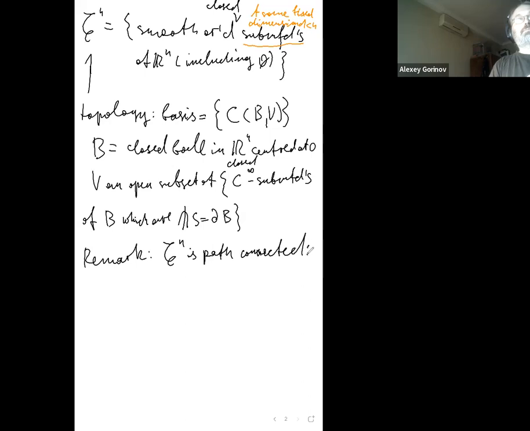There's a remark. The space we've just defined is path connected.